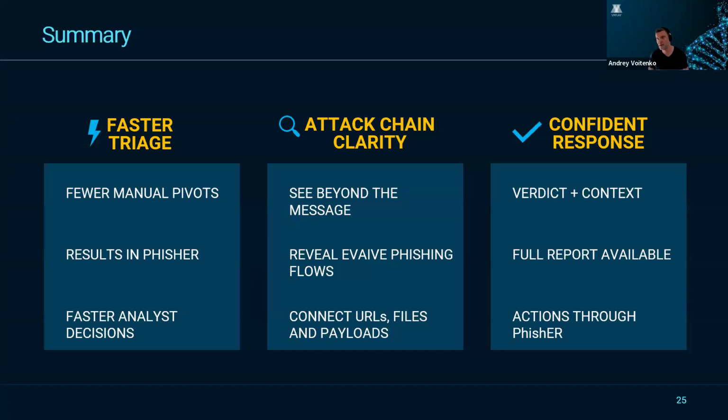With VMRay, as an addition to PhishER, you can go even one step beyond. You can get data not only from the initial email, but also from the artifacts that were found within the initial email, that will give you even faster triage and shorten the response window, and give you more clarity on the attack chain, which is pretty important these days.